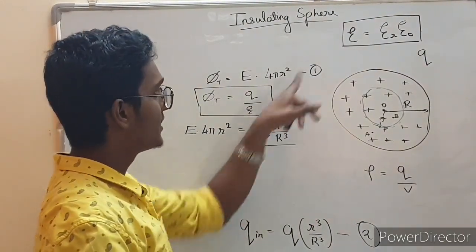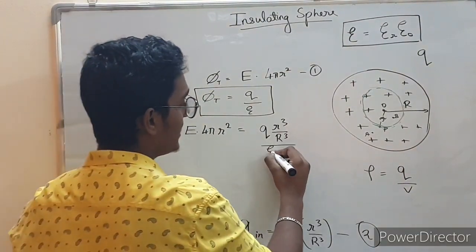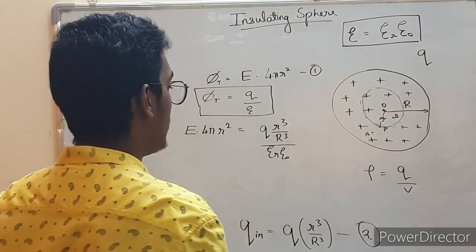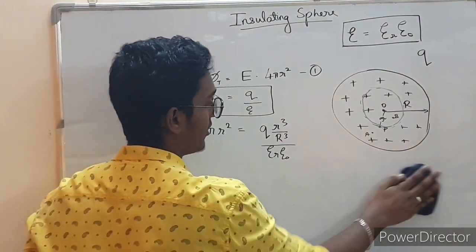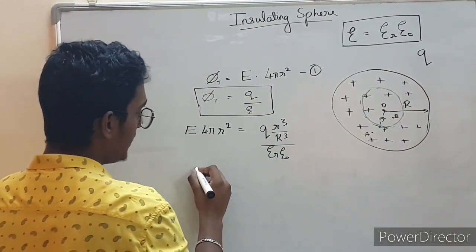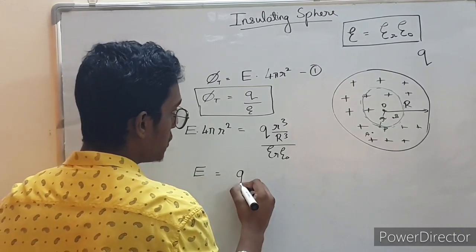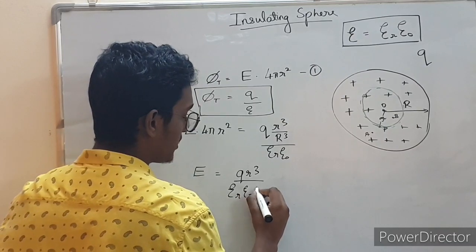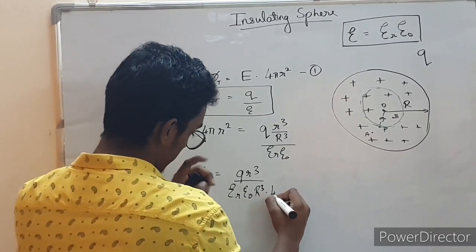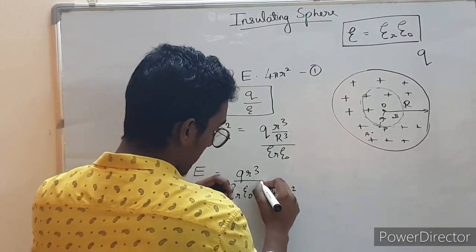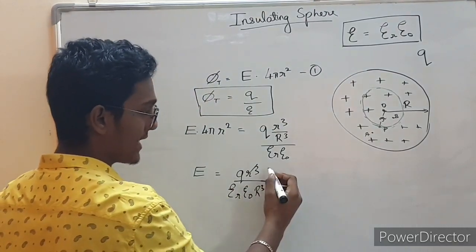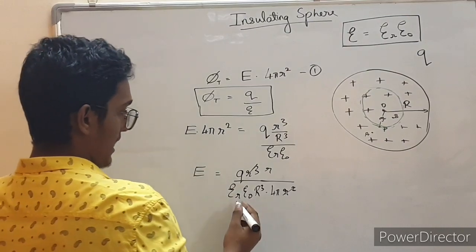So the permittivity of this medium is epsilon r times epsilon naught. You just have to simplify it now, and we are left with the formula E equals Q r cubed divided by epsilon r epsilon naught capital R cubed into 4 pi small r squared. R squared and r cubed leaves r, and that's it.